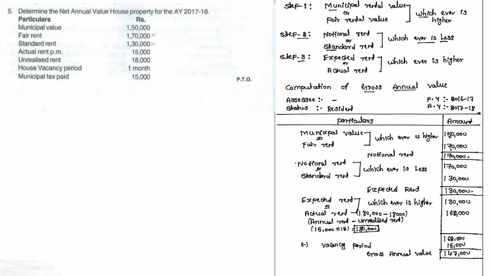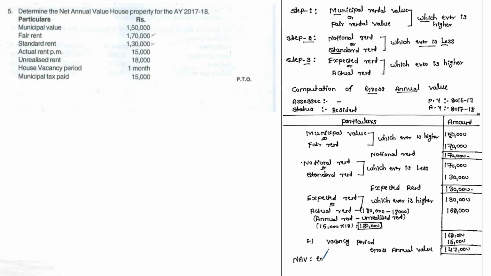In this problem we have to identify net annual value. So net annual value is equal to gross annual value minus municipal tax paid.